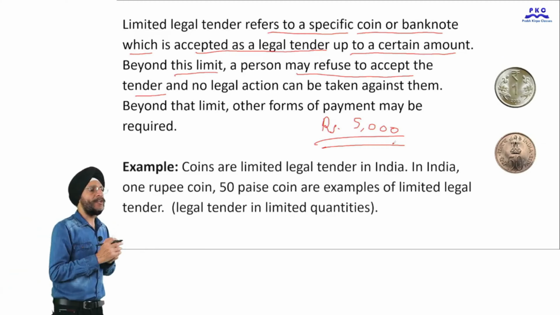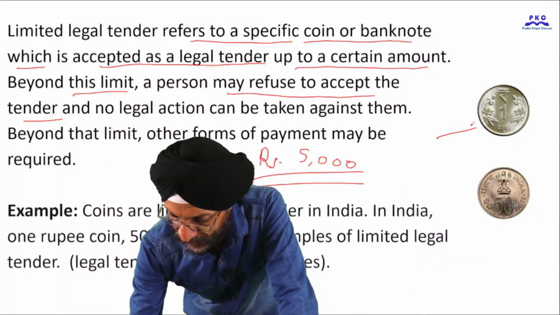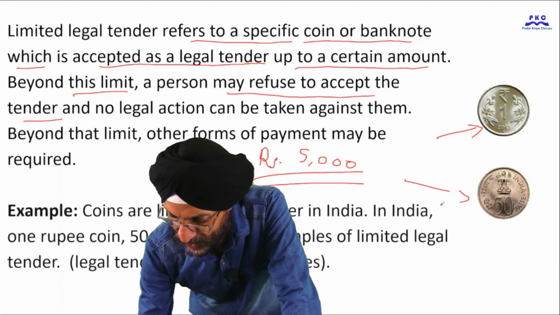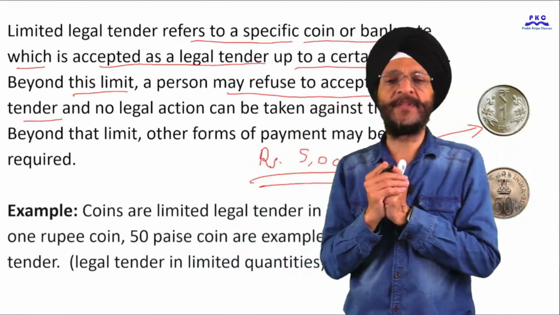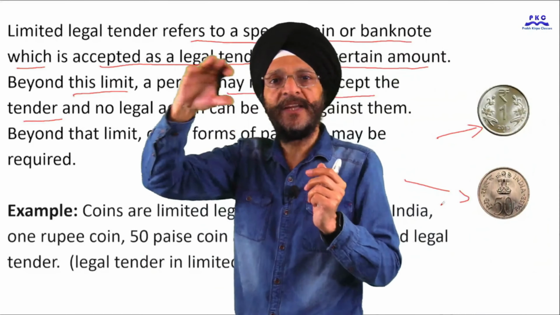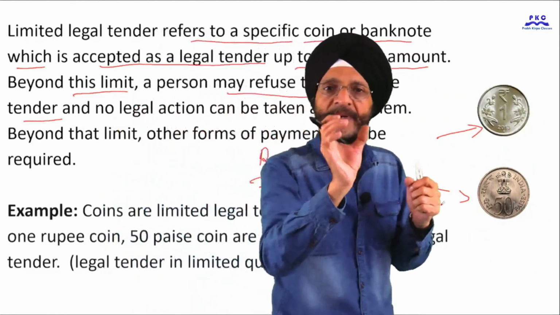Will McDonald's accept all the payment in coins of say rupees 1 or of 50 paisa denomination? No, they will not accept the same, all the payment in coins, because these are limited legal tenders.